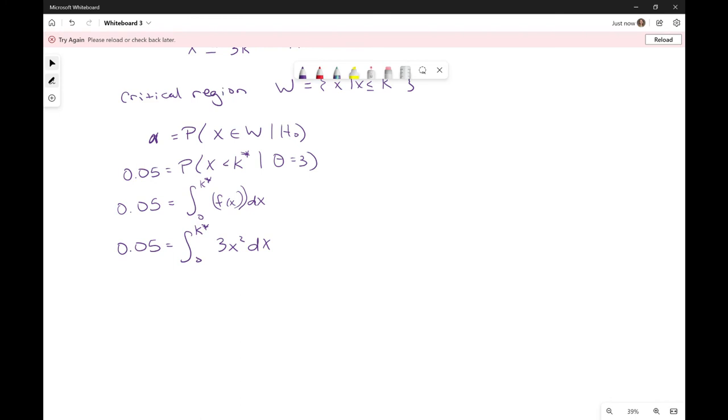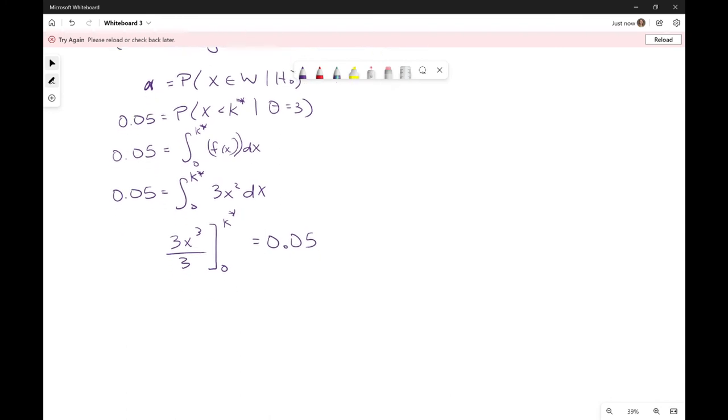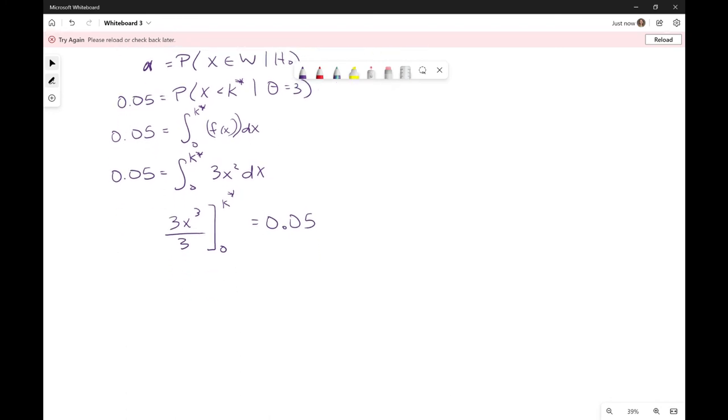Let's integrate this. So I have 3x cubed over 3 integrated from 0 to K star is going to be equal to my 0.05. The 3's reduce out, I plug in my K star here, and of course 0 cubed is still 0.